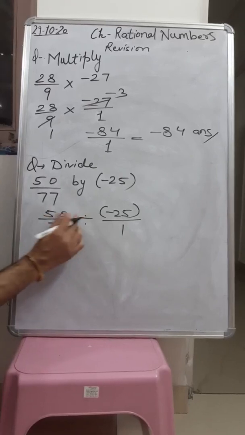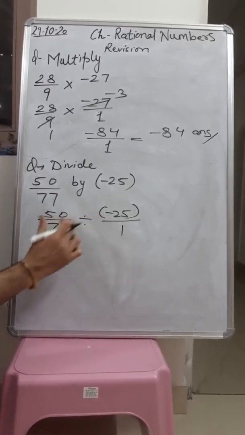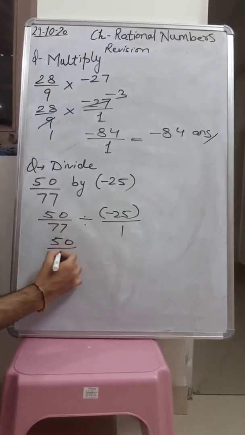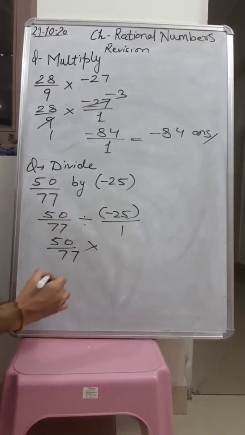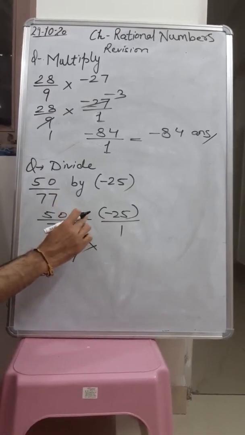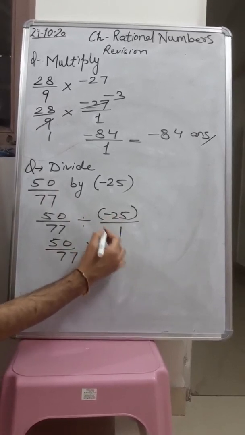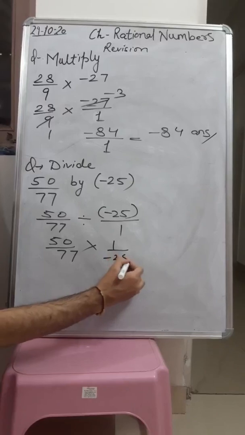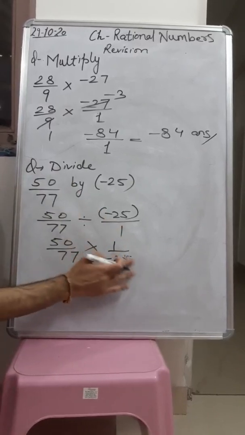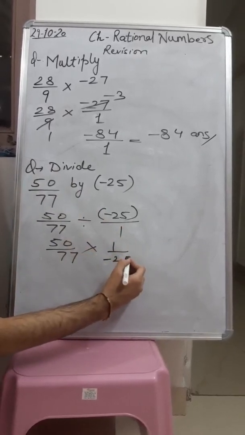So now we all know that we can't divide the fractions, so we have to change the sign of divide into multiply. And when we change the sign of divide into multiply, the next fraction will become its reciprocal. So it will become 1 upon minus 25.